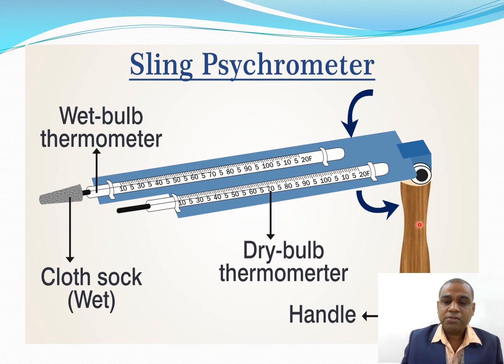When it swivels, as per the arrow given here, suppose from the beginning we have to measure the wet bulb temperature of air, as shown in the figure, the wet bulb thermometer moves forward, and the sensing bulb also comes out from the frame, and this sensing bulb, which is covered with wet cloth, gets in contact with the air to measure the temperature of air, and that temperature is known as wet bulb temperature.